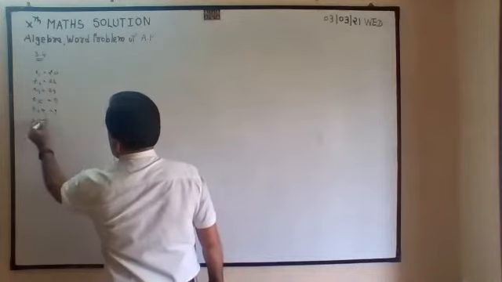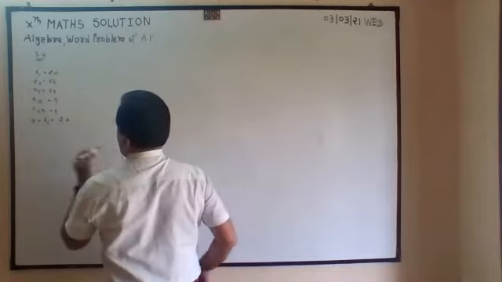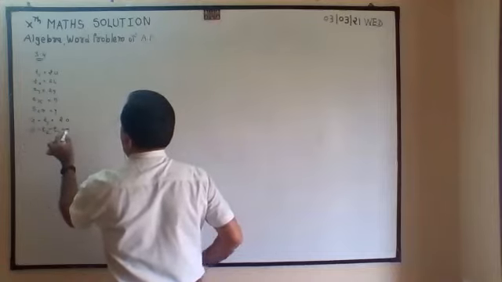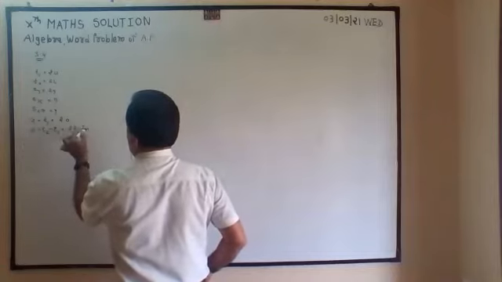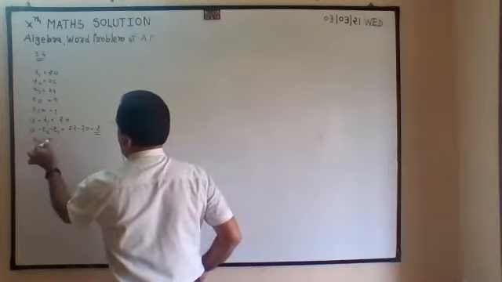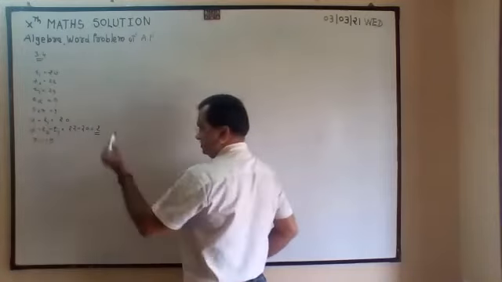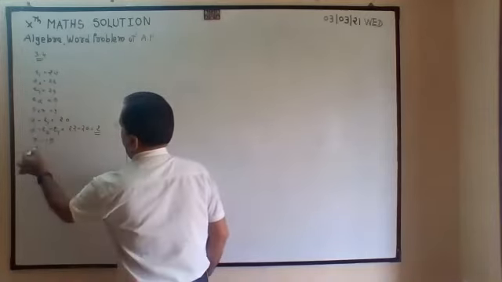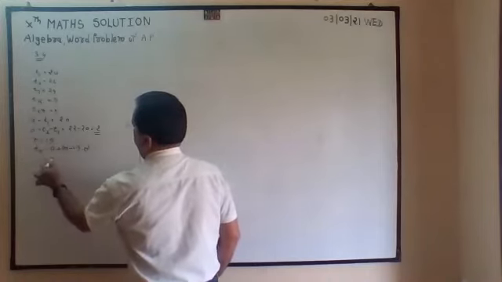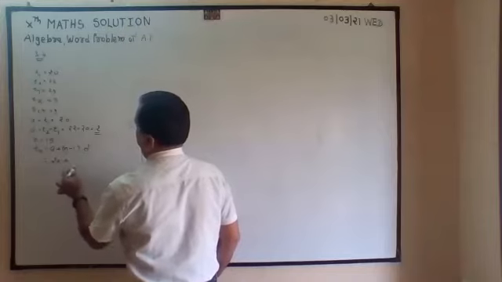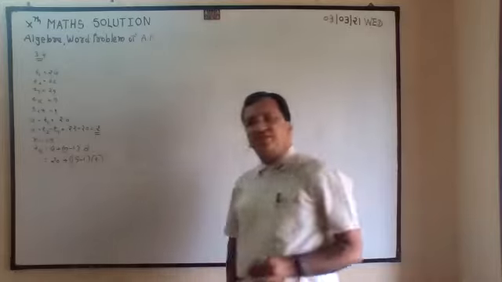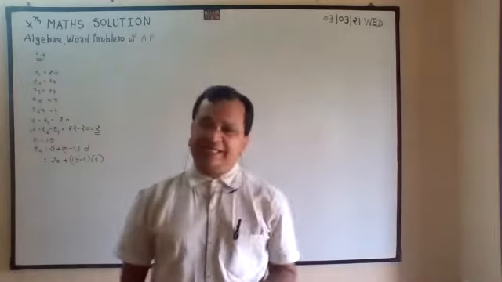So A is equal to T1, which is 20. The difference is T2 minus T1, which is 22 minus 20, equal to 2 seats. The number we have been given first is 15, then second we will see for S27. So Tn is equal to A plus (n minus 1)D. That is 20 plus (15 minus 1) times the difference 2. When the difference is positive, the series is in increasing order.